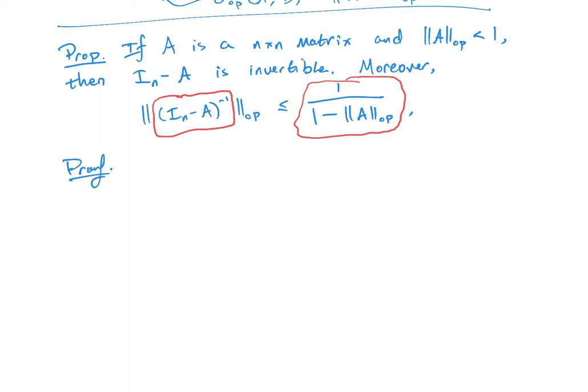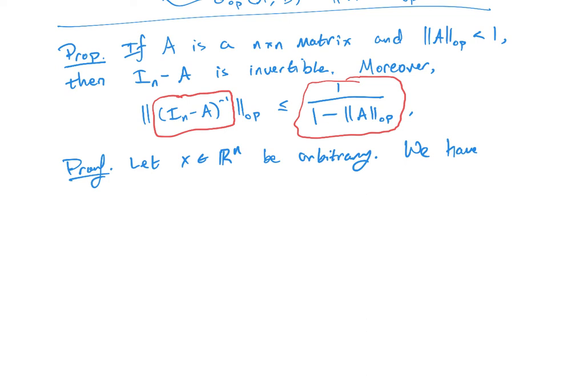So we're just going to argue that it can't send anything non-zero to 0. Let x in Rn be arbitrary. We'll argue that the only way it could be mapped to 0 is if it started out as 0.